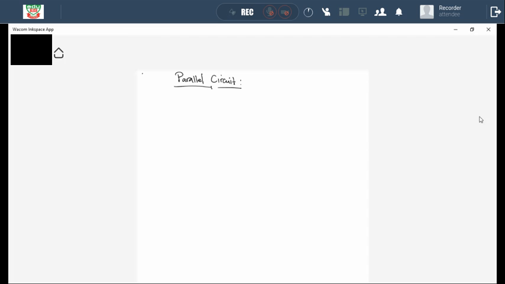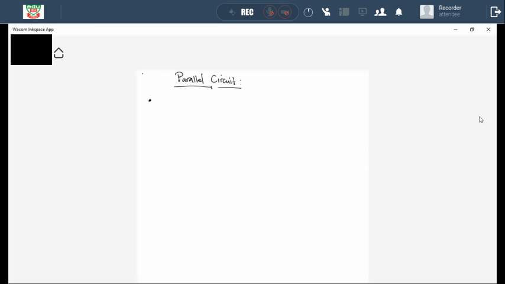So what is a parallel circuit? There are a few basic points that we need to always appreciate when we deal with a parallel circuit, and these points will assist us to go through the rest of the topic, right? Point number one, or should I call it bullet number one? What is it that we need to know when we are dealing with a parallel circuit?